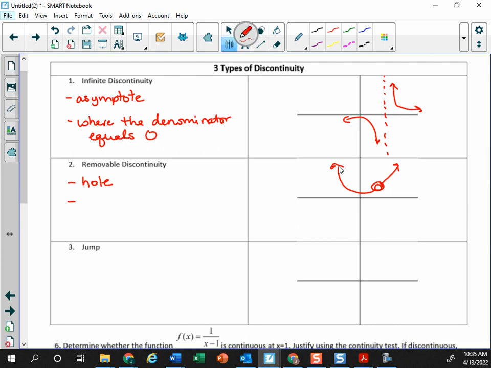Like algebraically, what's going on to create the hole? Yeah, same factor. So look for a common factor in the numerator and denominator.